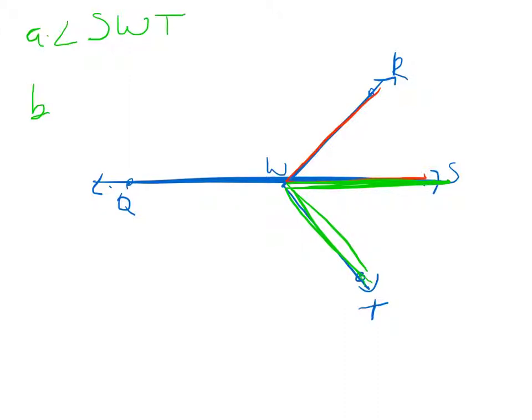B, which angle is the complement to RWS? So again, we go back to RWS here, and what will make supplement, so 180 degrees. So that's going to be this angle right here. It's going to equal those two together.